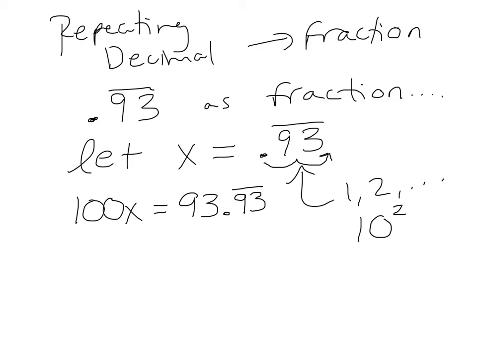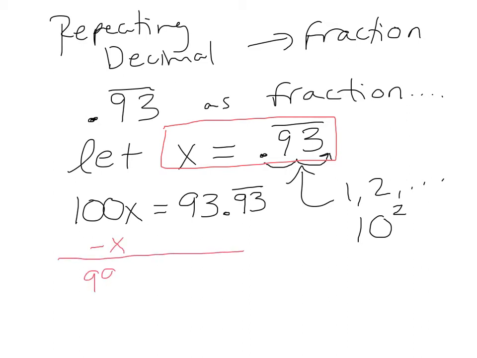So what? Well, since x, as we discussed earlier, is equal to this, stay with me, because what we're going to do is subtract x from both sides. When you subtract x from this side, you get 99x.